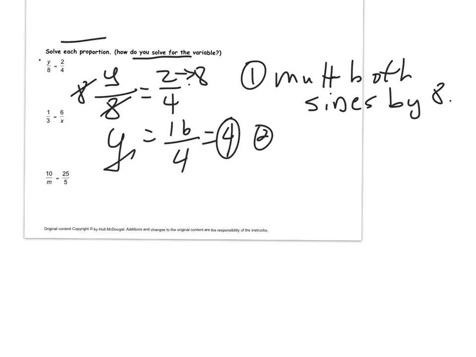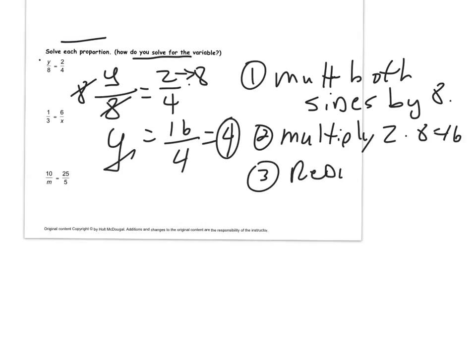Second step, multiply 2 times 8, which equals 16. Third step, I'm going to reduce 16 over 4 and make that equal to 4. That's what I want you to do for the second and third problem.